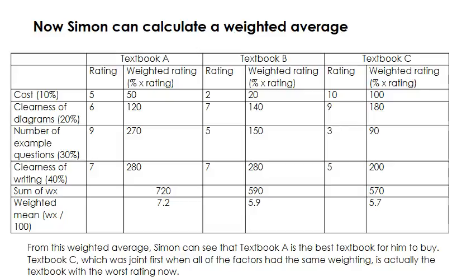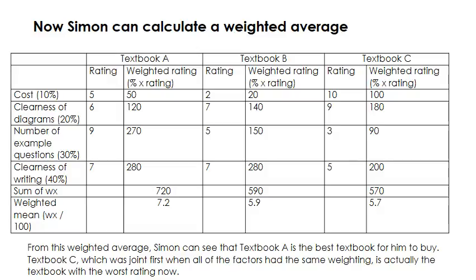Add all of these together, and it gives you 720. Then you need to divide it by the sum of all the weights, which in this case, because it's a percentage, comes to 100. So 720 divided by 100 gives you 7.2. So our weighted average is 7.2.